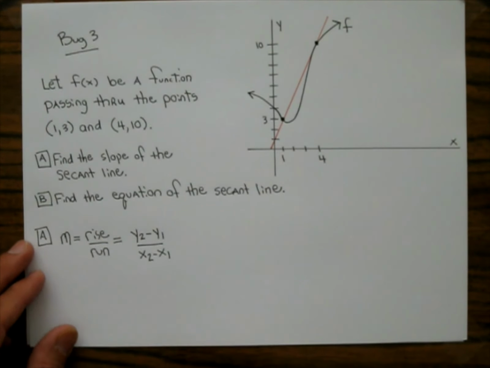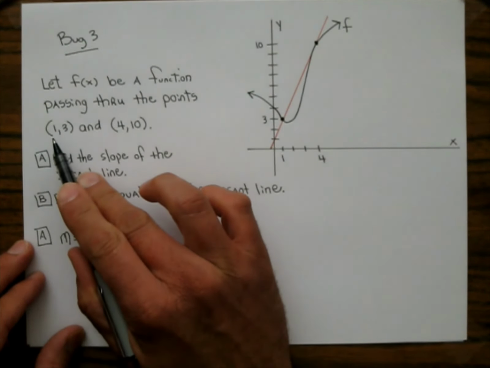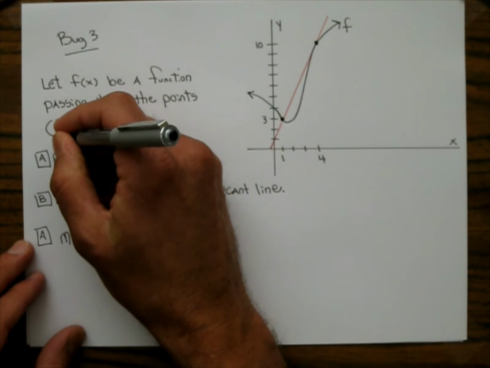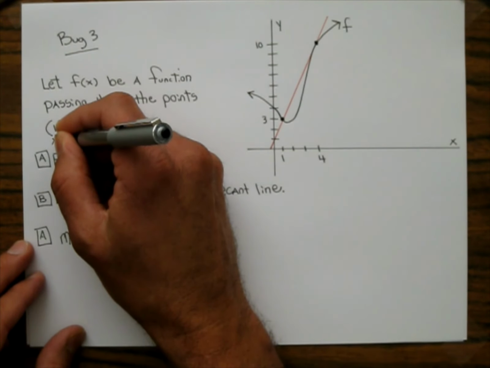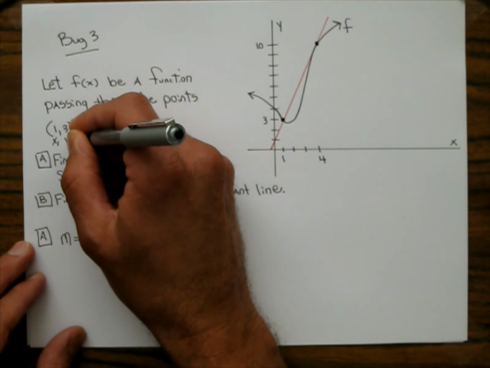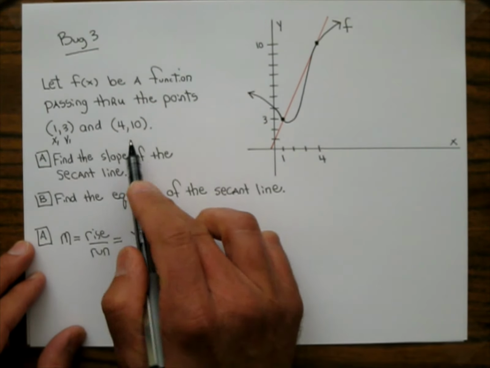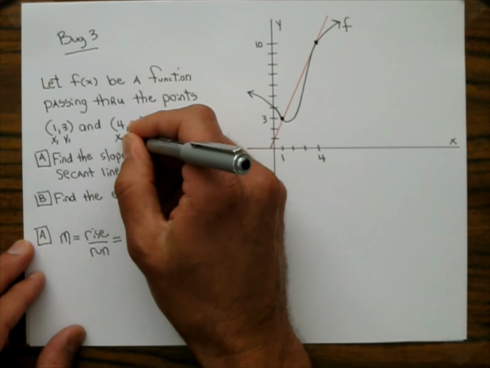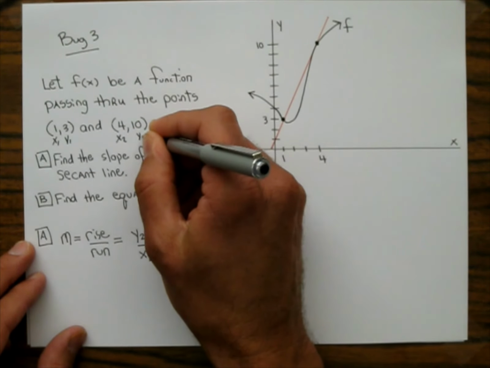The points that we have happen to be 1, 3, so let's call this x1, y1. There's point 1, and point 2 is x2, y2.